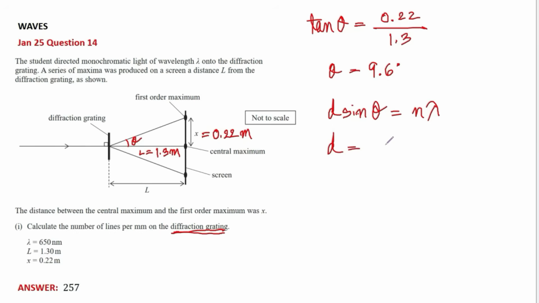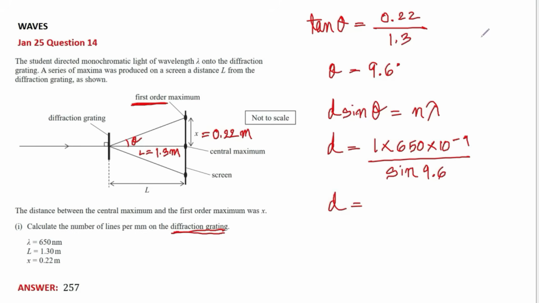D should be equal to n. So n is the order of maxima. Since the question clearly says first order maximum, n is 1 times lambda is 650 nanometer, that is the wavelength, means times 10 to the power minus 9, divided by sine theta. Theta we just found out was 9.6.